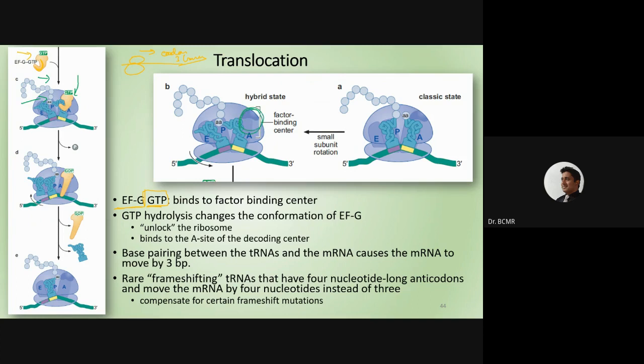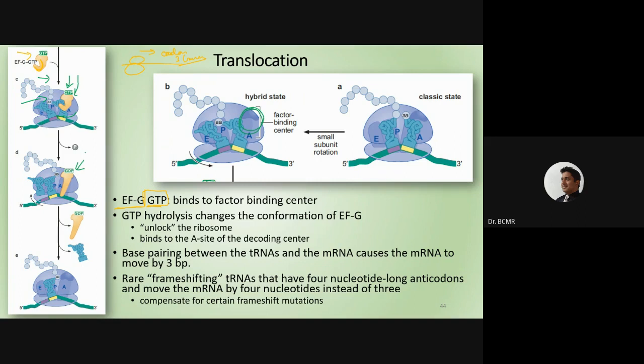Then it will enter there, and the factor binding site will activate the GTPase activity, and GTP is hydrolyzed to GDP. When the EF-G bound to GDP changes its conformation, it pushes the tRNA towards the other side.